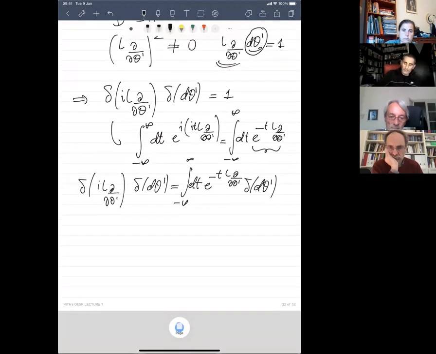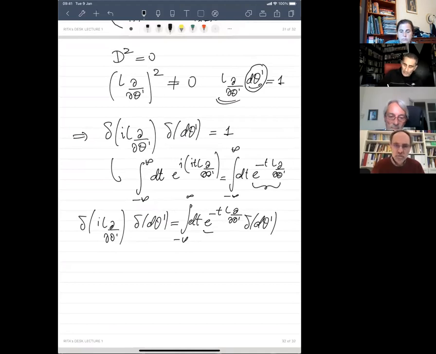Okay, now I have to finish the calculation. You see, this operator generates translation along d theta 1, okay?